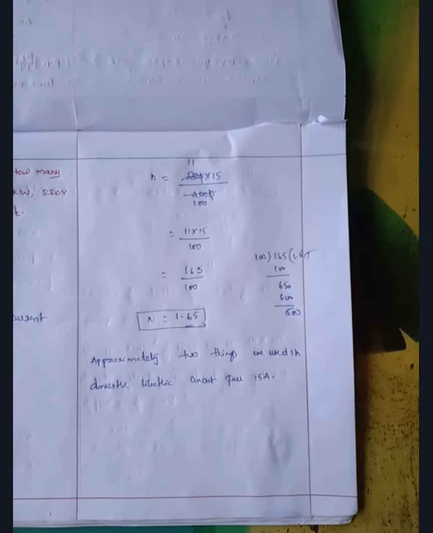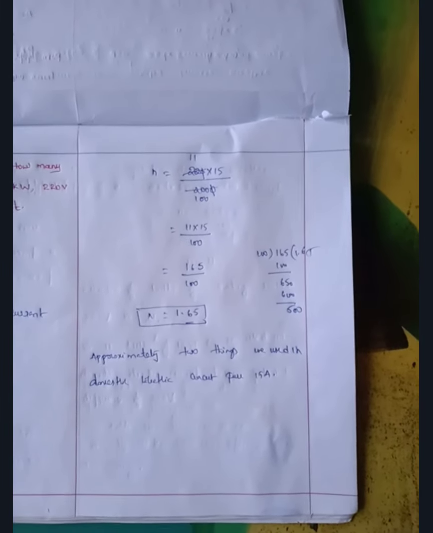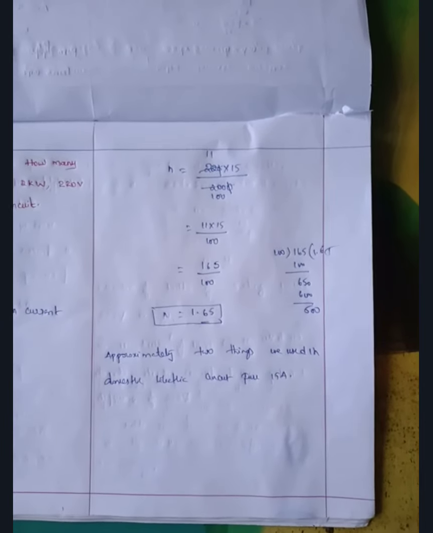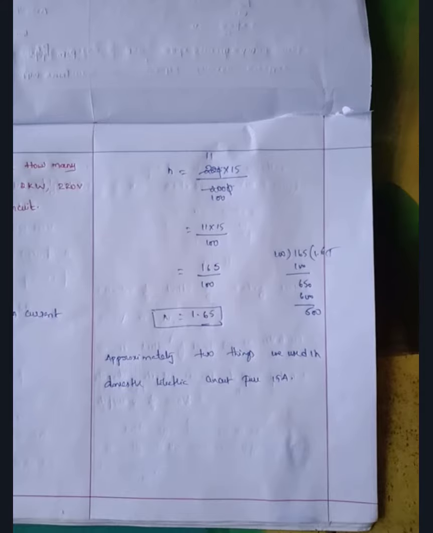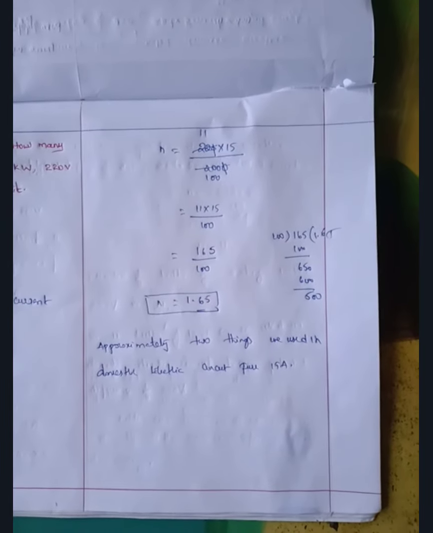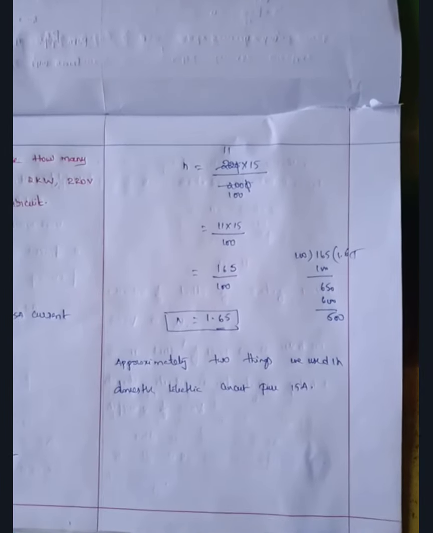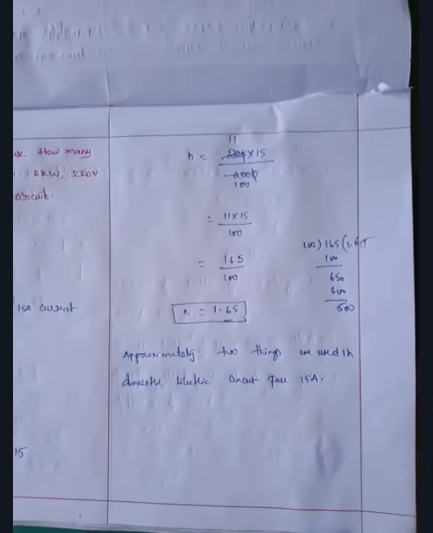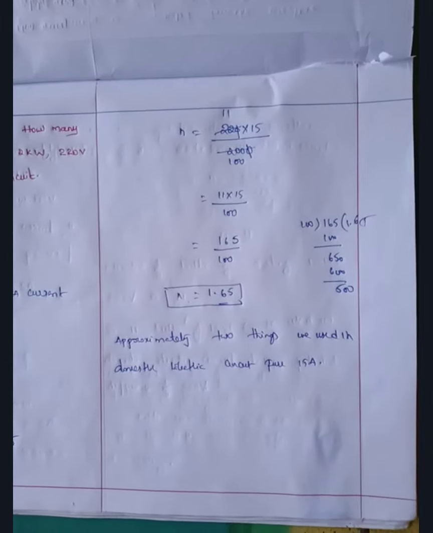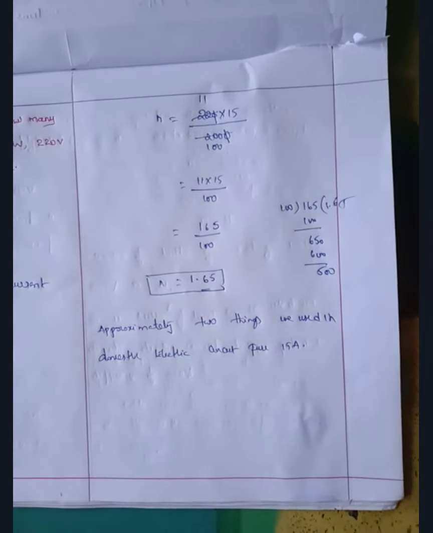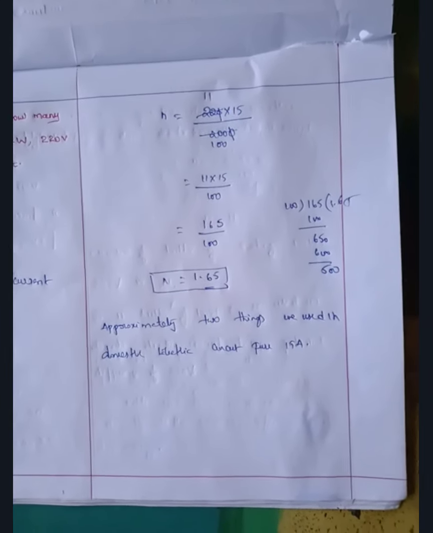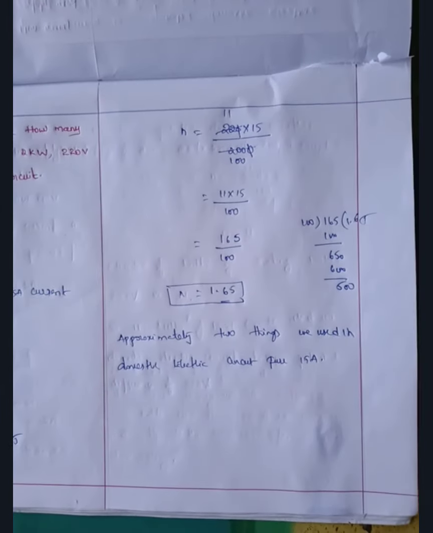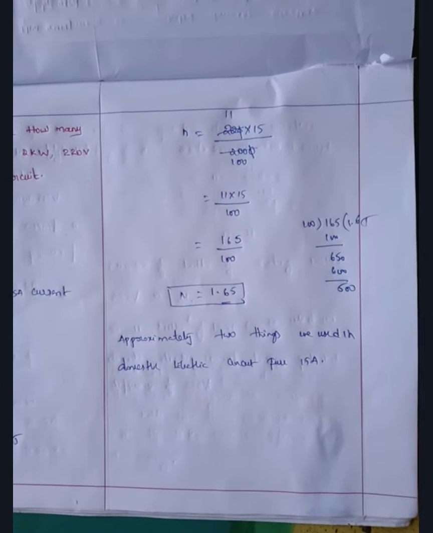So if the power increases, the number of things decreases. If the power decreases, the number of things increases. This is the main difference between a 15 amp and a 5 amp domestic circuit.